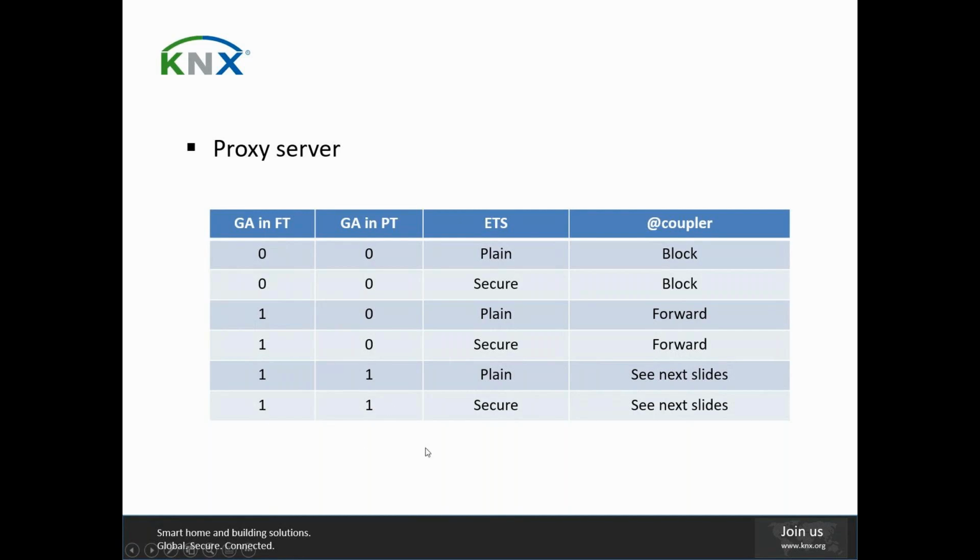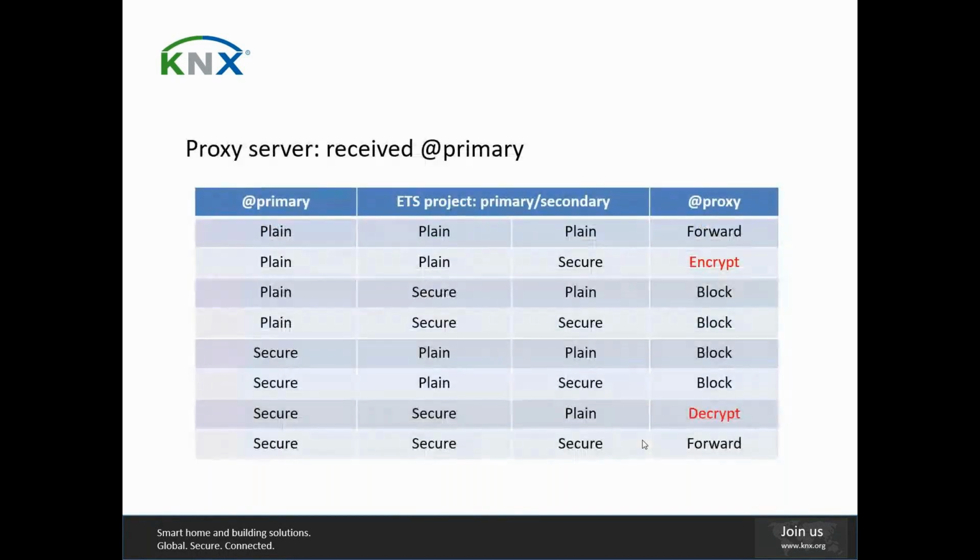And then if the group address is in the filter table and the group address is also in the proxy table, whether it's plain or secure, so that also doesn't matter, then it needs very specific processing. So let's go to the next slides to find out what this means, because here it's indeed a bit more complicated.